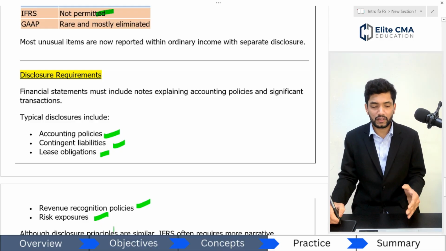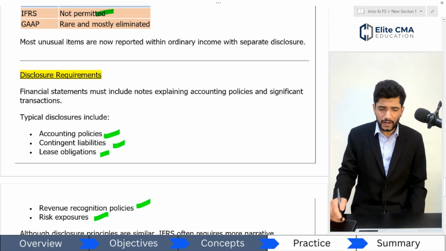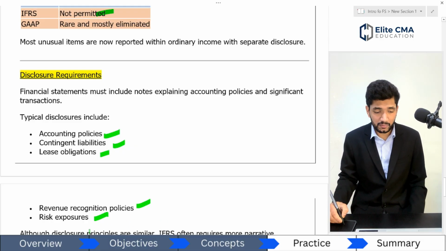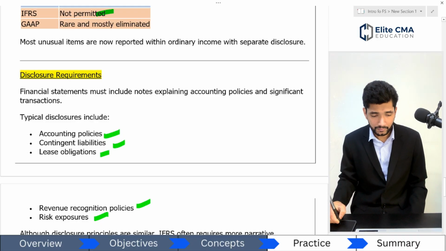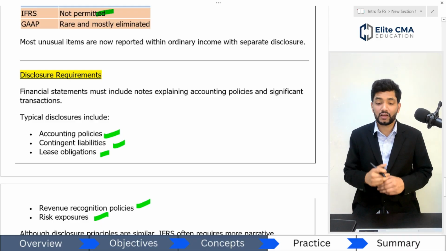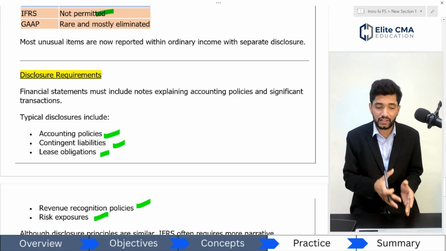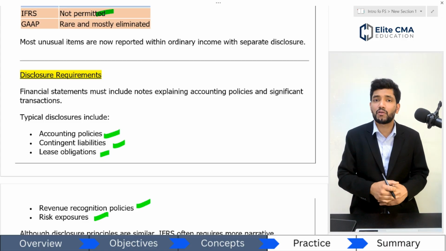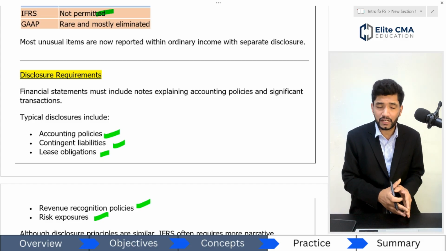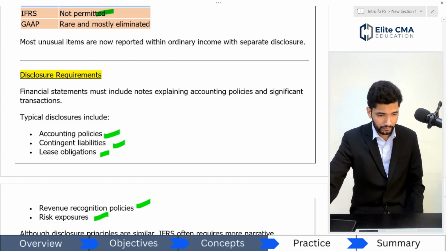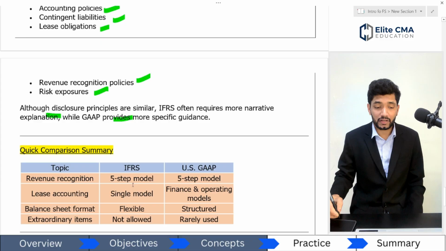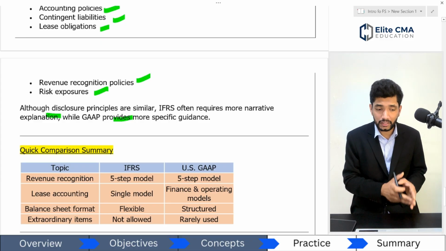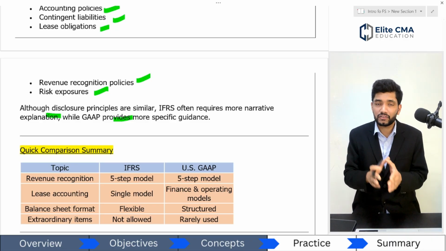Although disclosure principles are similar, IFRS often requires more narrative explanation of the transactions, while US GAAP provides more specific guidance on financial transactions. So this is a quick comparison summary of how different financial topics are treated in IFRS and US GAAP.